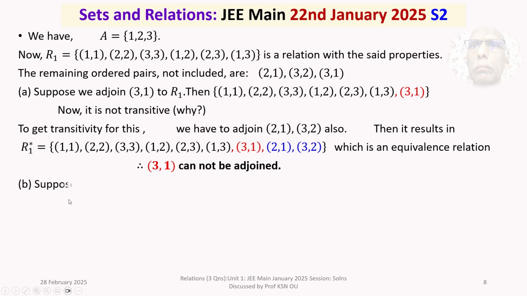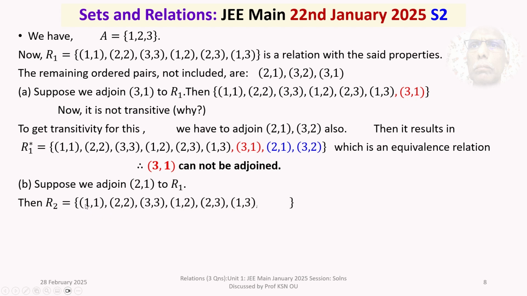Case B. Suppose we adjoin (2,1). So we have 3 cases we deal with. 1 we have already done, (3,1). Suppose we adjoin (2,1) to R1. So then R2 is (1,1), (2,2), (3,3), (1,2), (2,3), (1,3), and now adjoin (2,1).